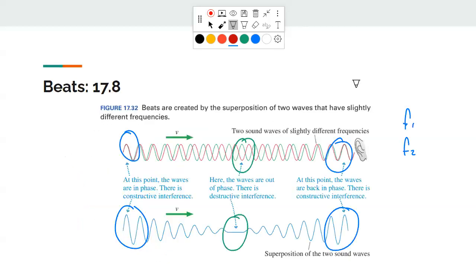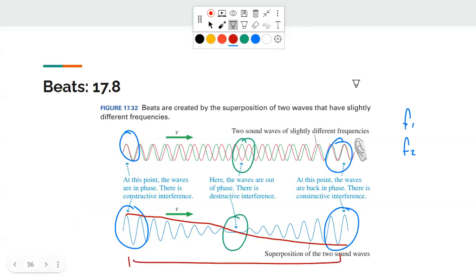So you can see in this picture, we could draw it here. We start here, and it looks like this. So this is only half of a wavelength. So this whole length here is just lambda over 2, even though the waves themselves have had like 10 wavelengths over the course of this picture.